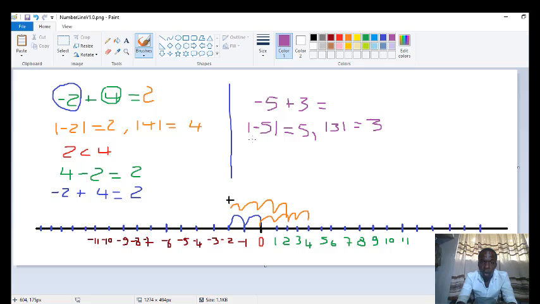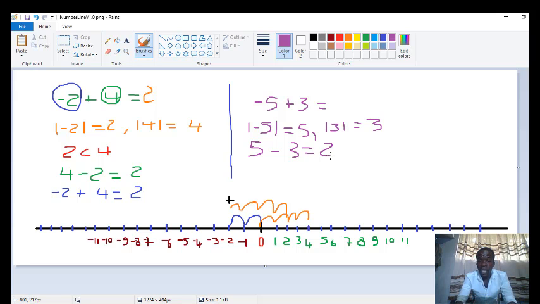Then we subtract the smaller absolute value from the larger absolute value. Then which one is the larger one? This is 5. I put 5 minus 3. Then when we say 5 minus 3, this is 2.